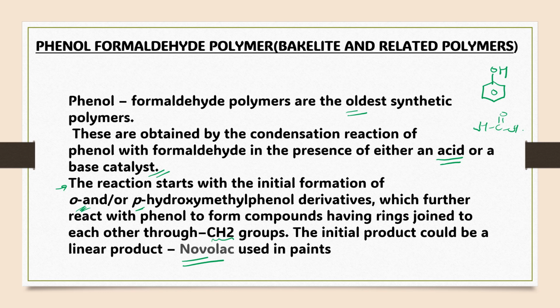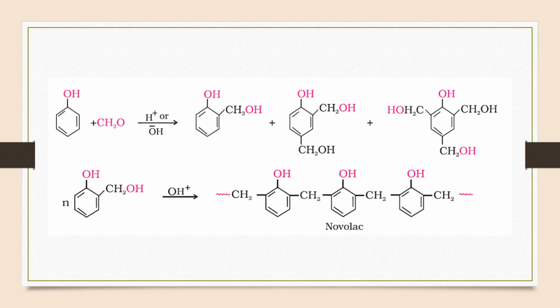So first thing is, when this phenol reacts with formaldehyde, you can write it as H C double bond O, in presence of acid or base as a catalyst, it forms ortho and para hydroxymethyl phenol.